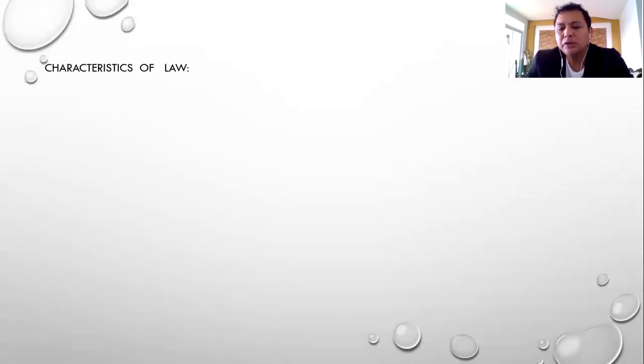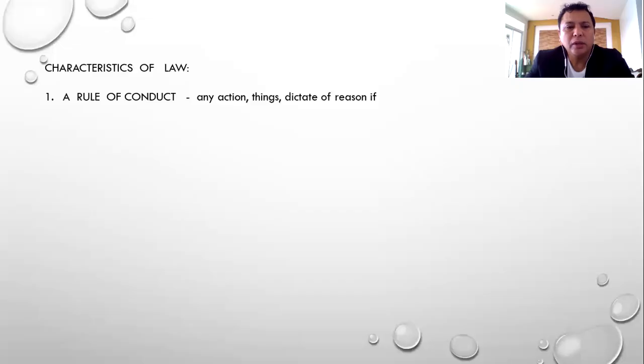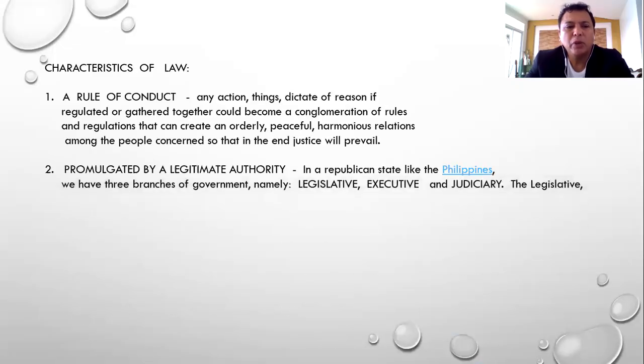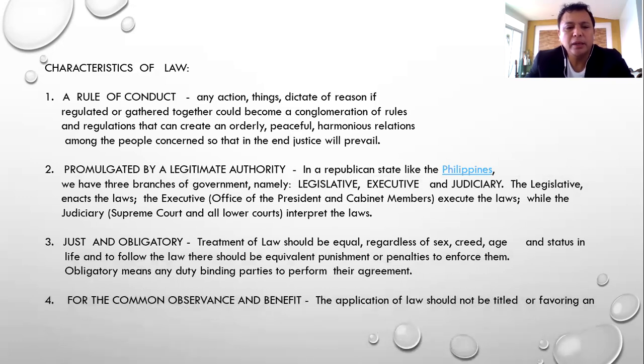Now, what are the characteristics of law? Law is characterized by a rule of conduct, promulgated by legitimate authority, just and obligatory, and for common observance and benefit. If you notice, this is the definition itself. So, rule of conduct.